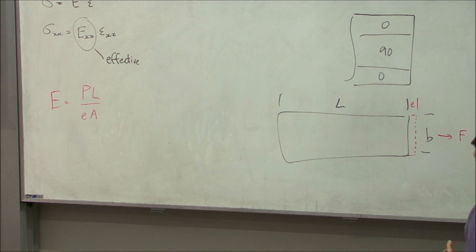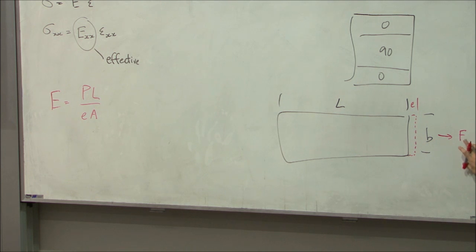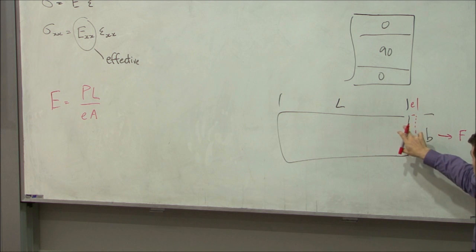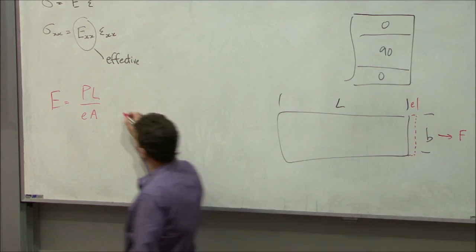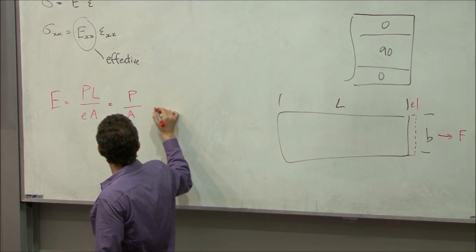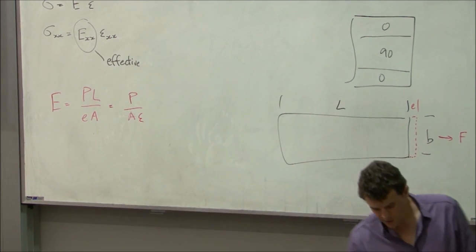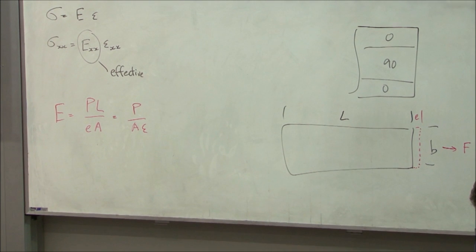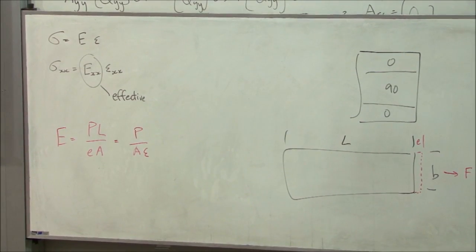Now, if we're substituting in things from our A matrix, what's the force that we have, assuming we're doing this, so we're measuring extension over L, we can just change back to strain, because we have strain in our calculation here.